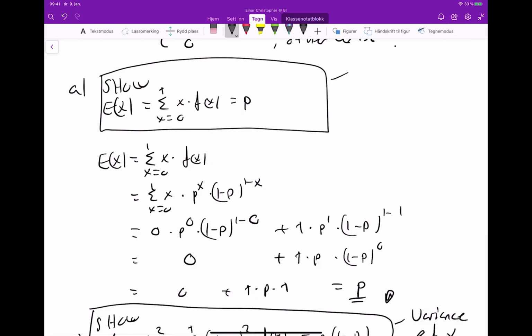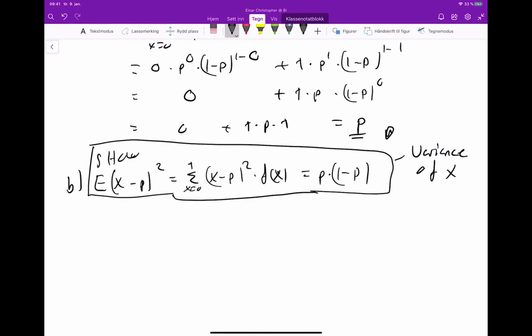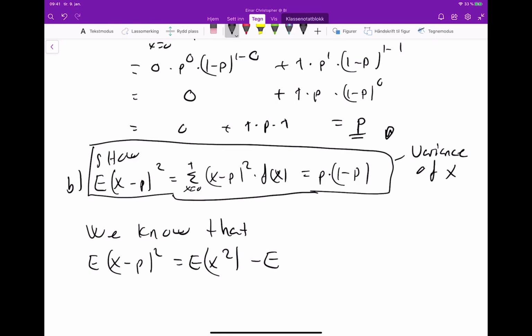As this was the expectation of x. But we know that the variation can be written as this, since it is the variation of x.